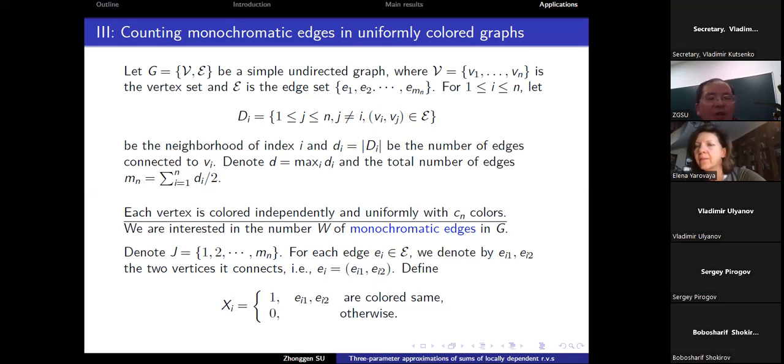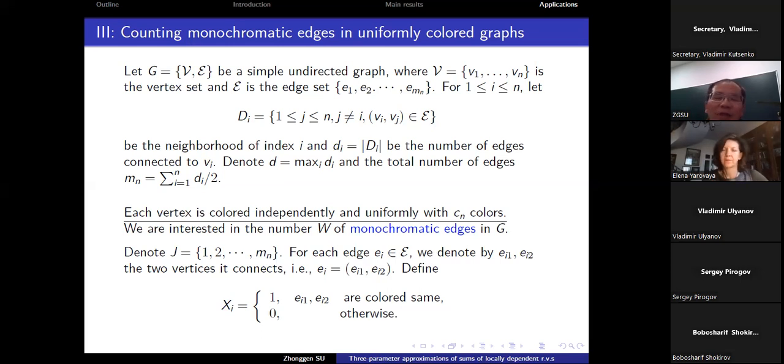Actually, I focused on dependent random variables. But as you know, anyway, we need some assumption about the structure, about the relations between random variables, right?